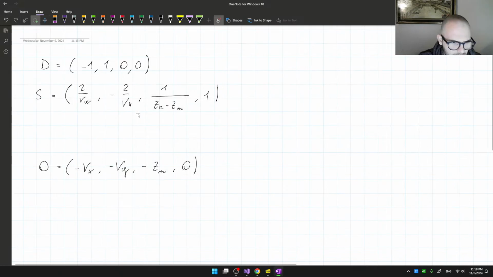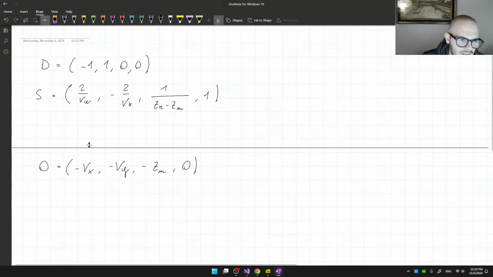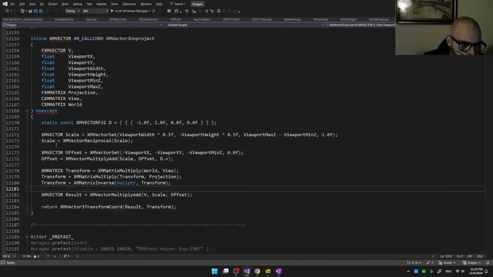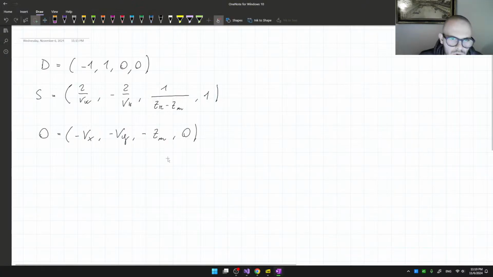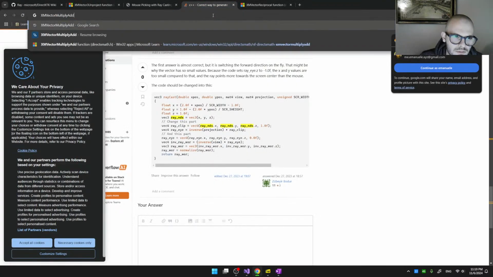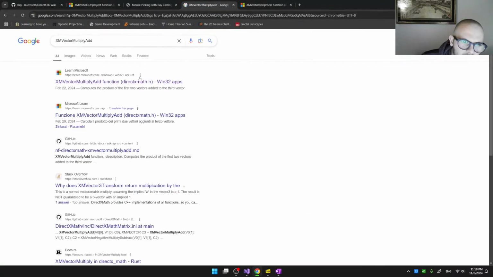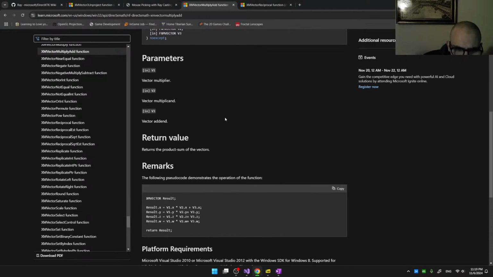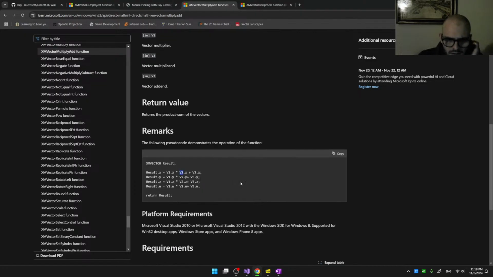The offset: we start from here and say, the reciprocal of the scale. The offset is this thing, and then we do the multiply add. Multiply add, as we got previously, is just first times second plus third.